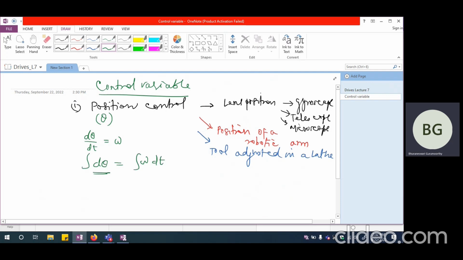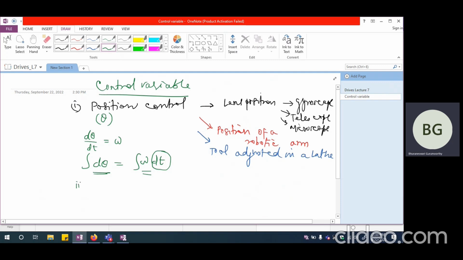So if I want to nullify the error in the position, then I have to adjust the speed appropriately so that within a specified time interval, I would be able to nullify that error. So invariably, position control loop may be the outermost loop and speed control would be the inner loop.